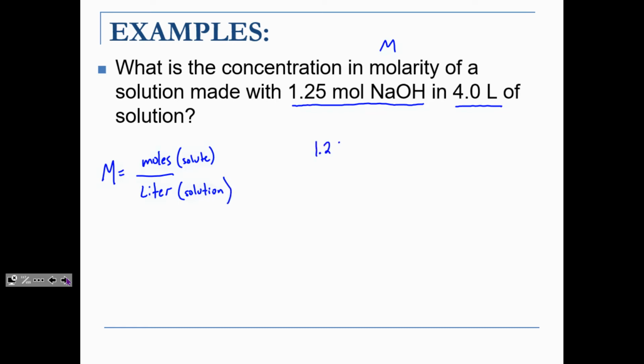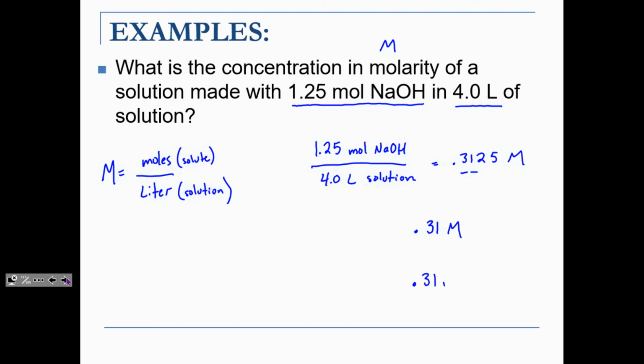I would take 1.25 moles of NaOH and divide it by 4.0 liters of solution. When I divide the two, I get 0.3125 M, and I'm going to take two significant figures for 0.31 M. You could also say 0.31 moles per liter.